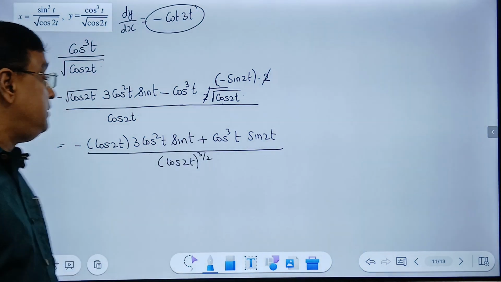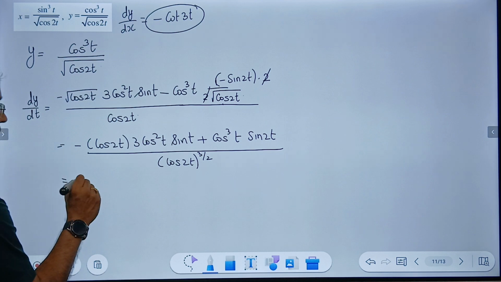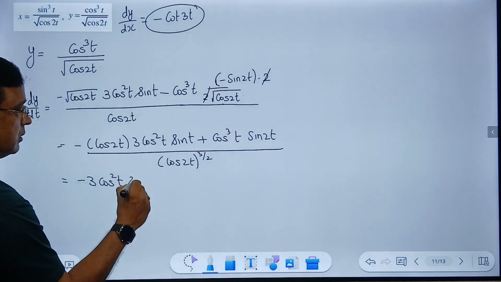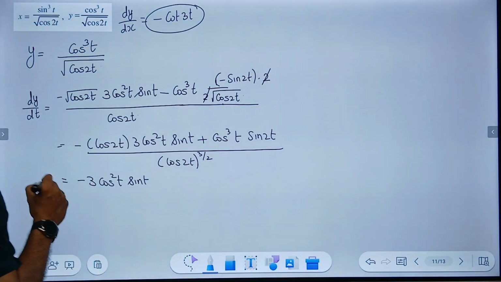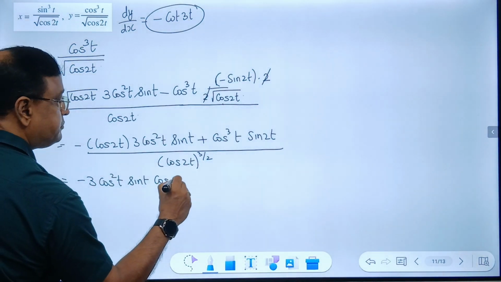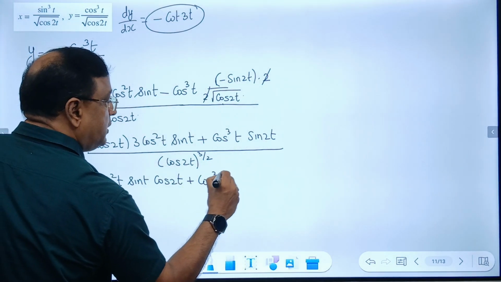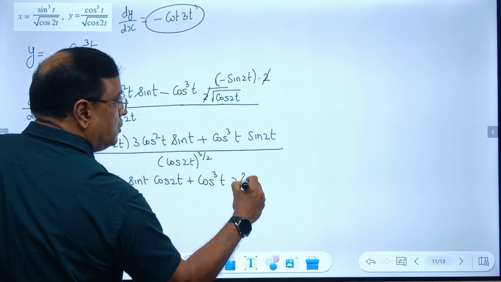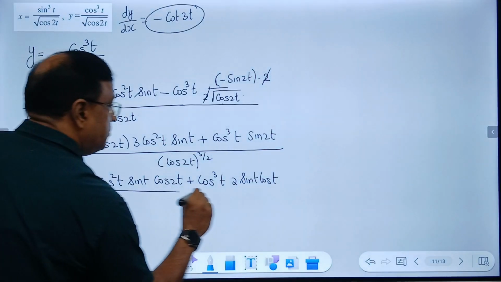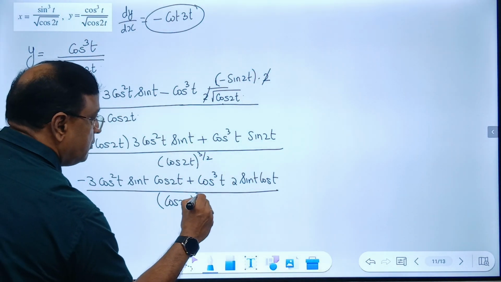Okay. Now one more step: minus 3 cos square t sin t into cos 2t plus cos cube t into sin t is 2 sin t cos t. I am using sin 2a formula, divided by cos 2t the whole power 3 by 2.